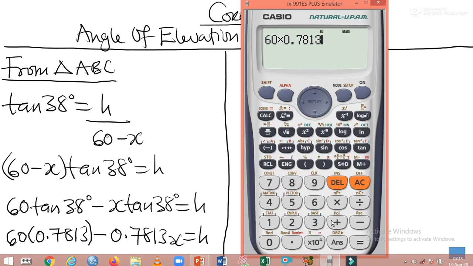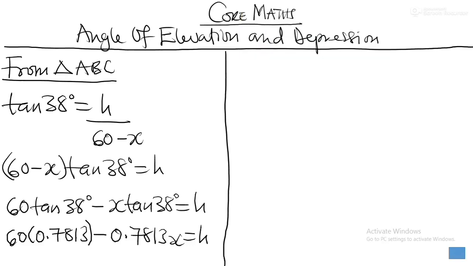Let's see what we'll get. We want it in decimal, so we have 46.878. So we are going to have 46.878 minus 0.7813x equal to H.